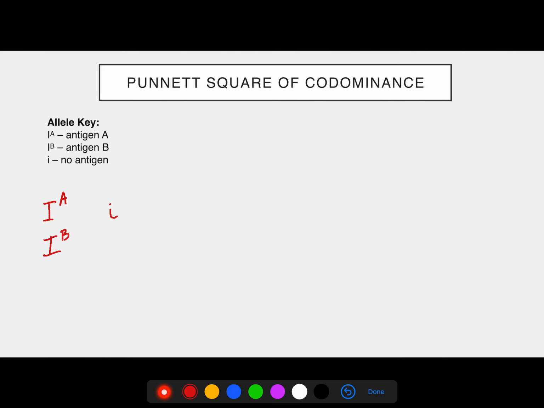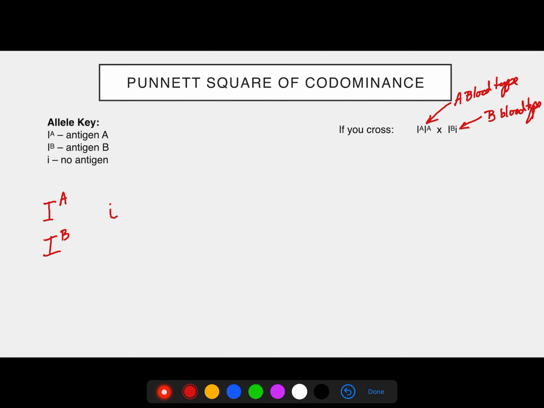So a little bit weird. Do you have to do it with the I's? No. You could just use zeros in place of the absence of a gene. It's just your preference. I will say this is kind of the convention, but okay. So let's say we take a parent that is A blood type and a parent that is B blood type.